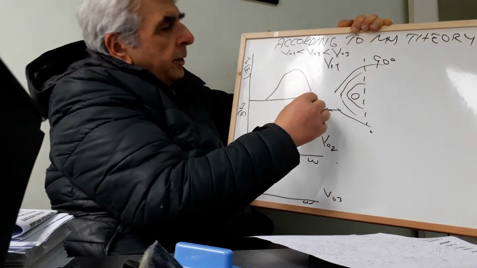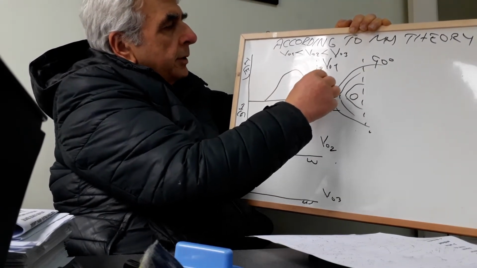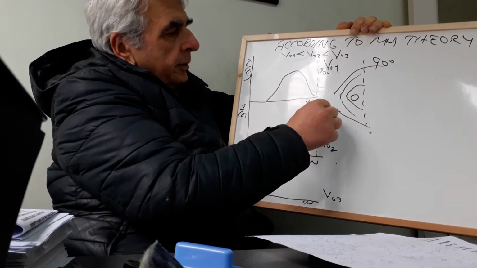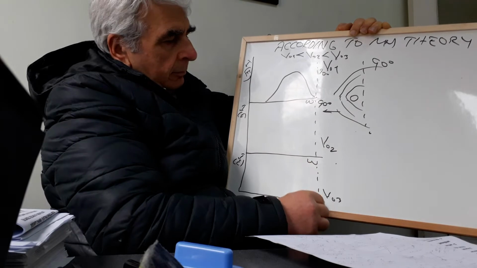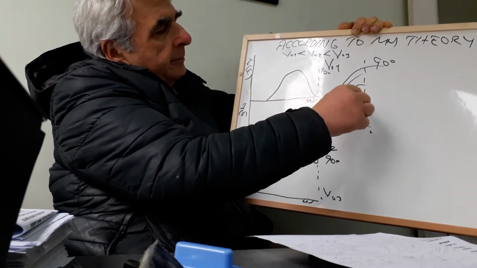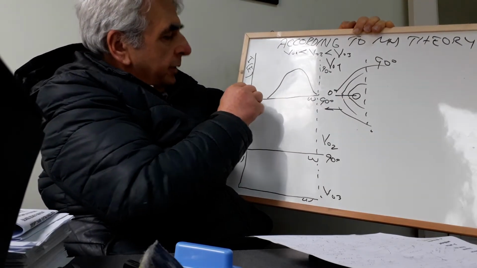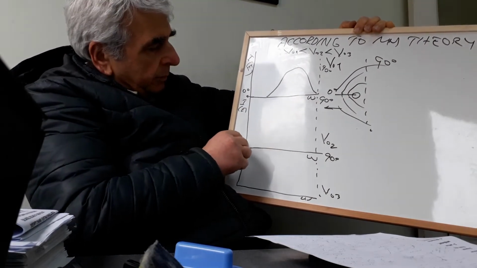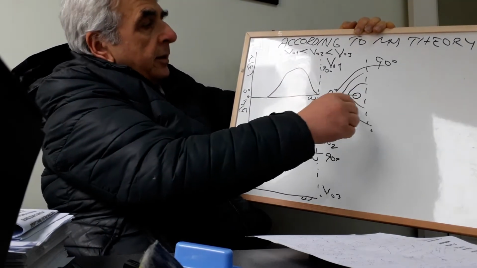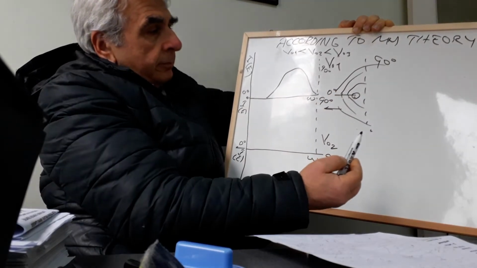Here 90°. Then here 0°. 0° represents 0°. This is the electron motion form.